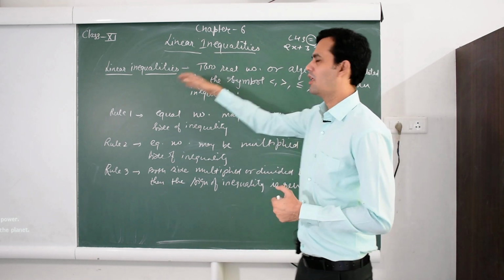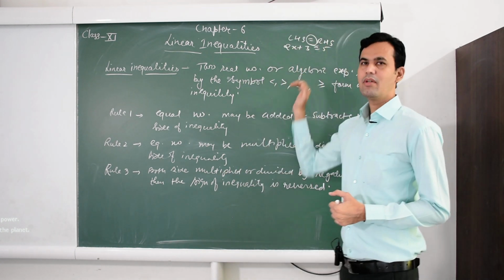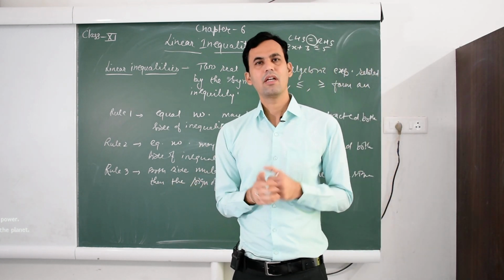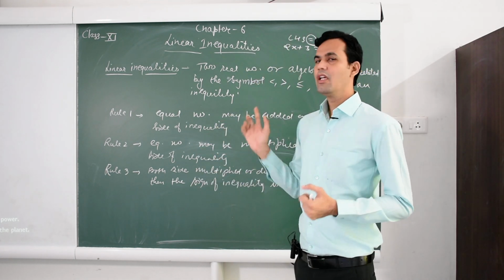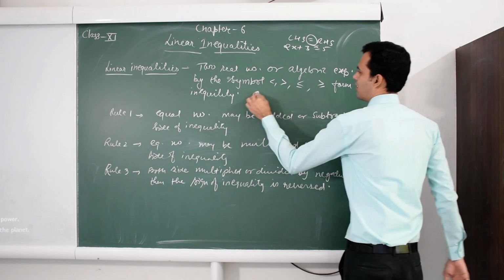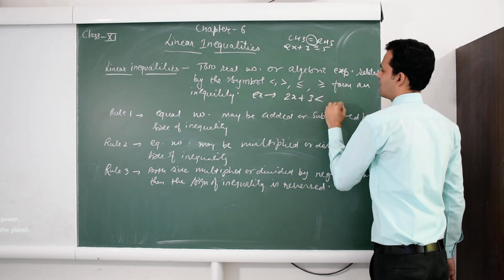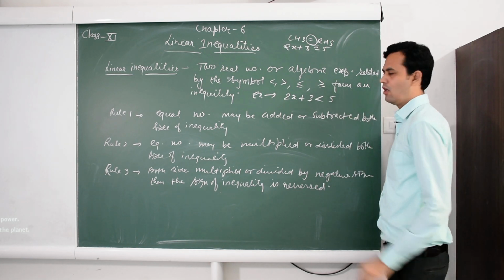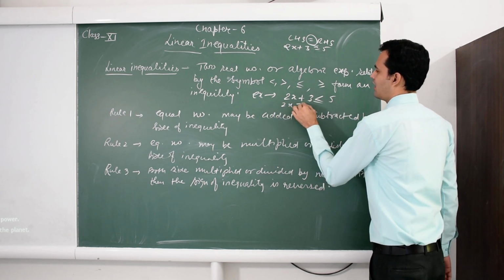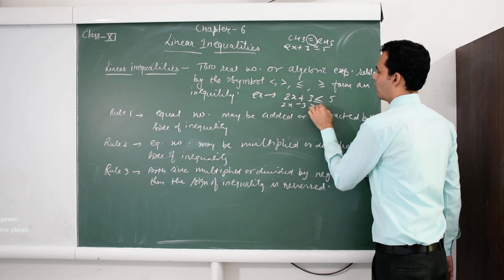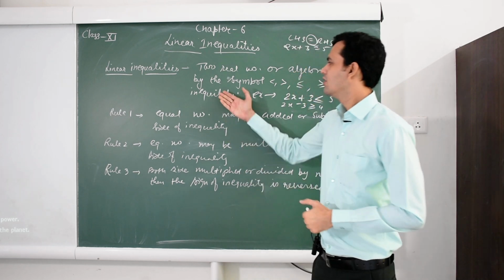For example, 2x plus 3 less than 5, or less than or equal to 5, or 2x minus 3 greater than or equal to 4. This type of questions we have in this chapter.